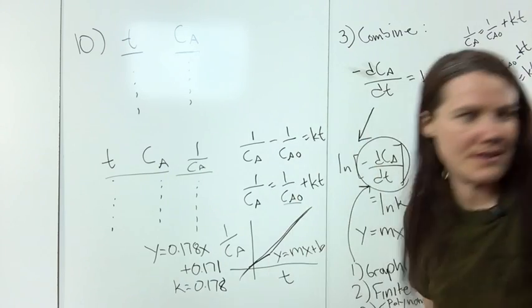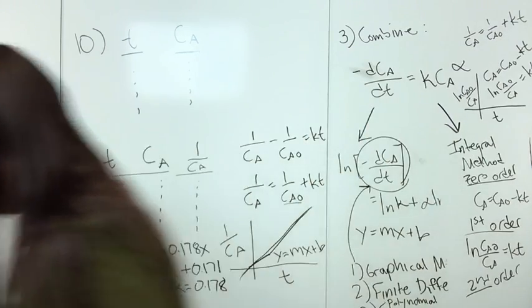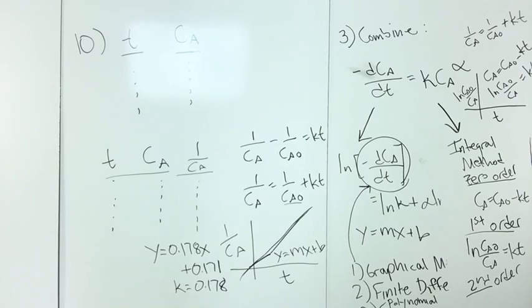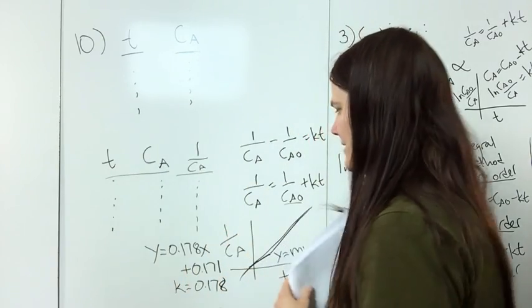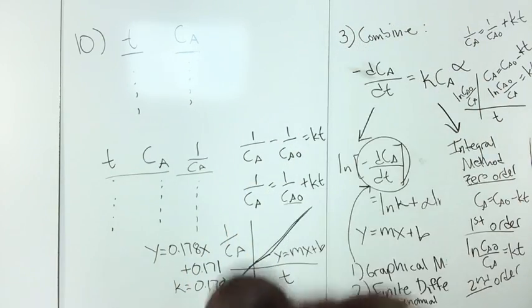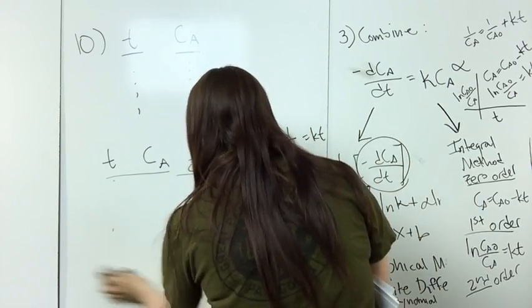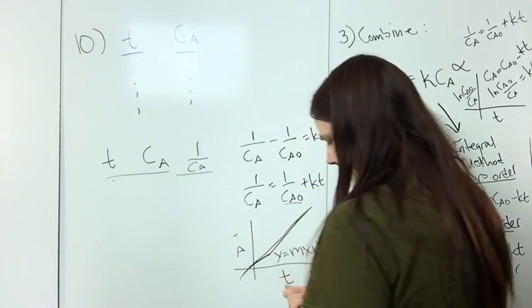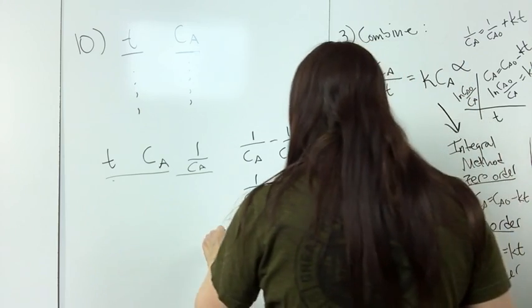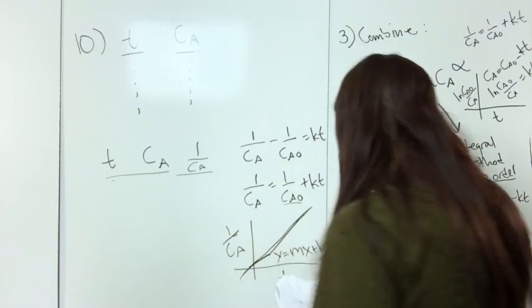So anyway, now I want to pull out my calculator, and I'm just going to write down this data real quick that I'm going to put in here. I'm plotting 1 over CA versus t.